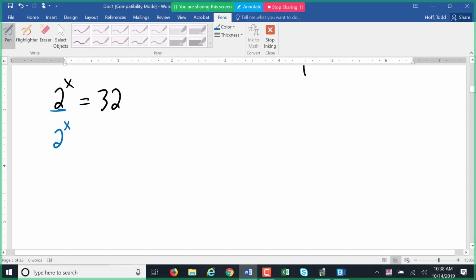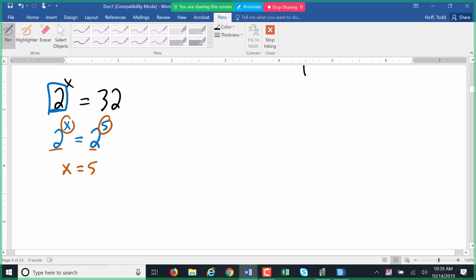Well, this has a base of 2. Can I write 32 as an exponent with a base of 2? Yes, 2 to the power of 5 would be 32. So what that means is I can cancel out the base of 2 and just write the equation as x equals 5. If 2 to the power of x is equal to 2 to the power of 5, then if we have the same base, that means the exponents must be equal as well. x equals 5.